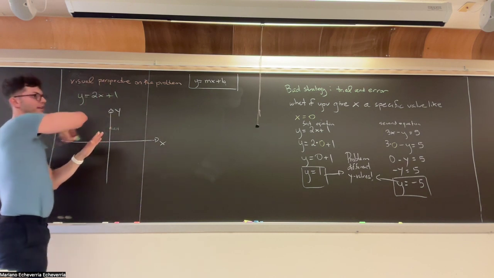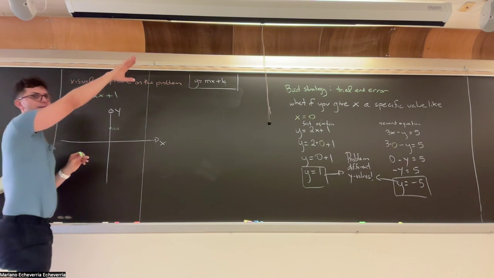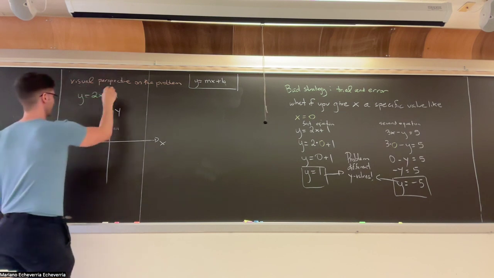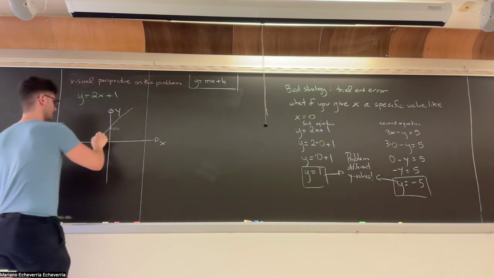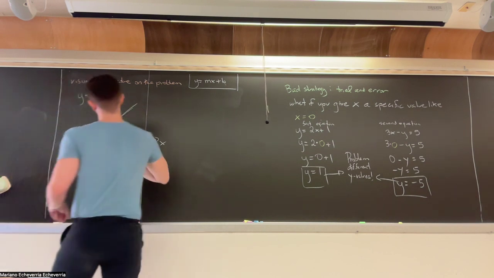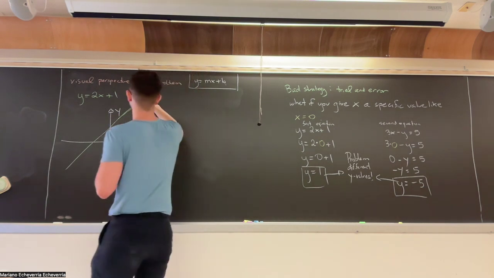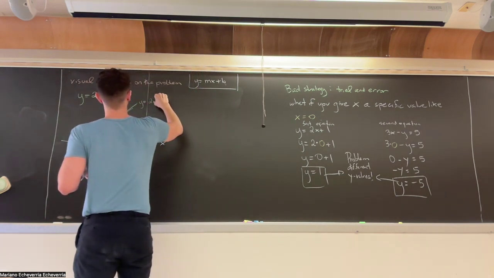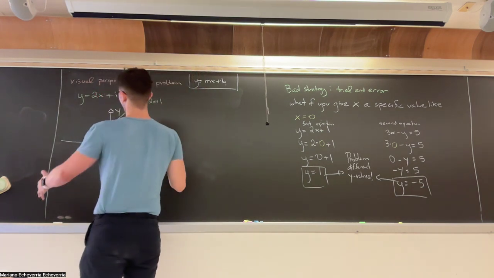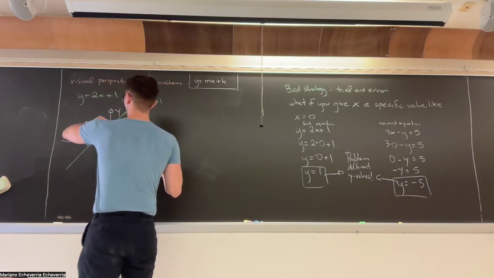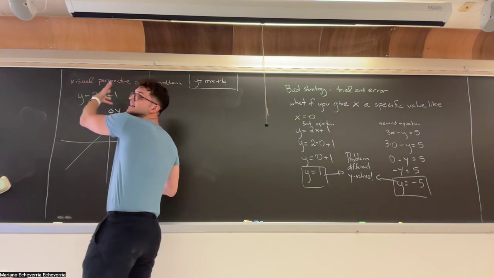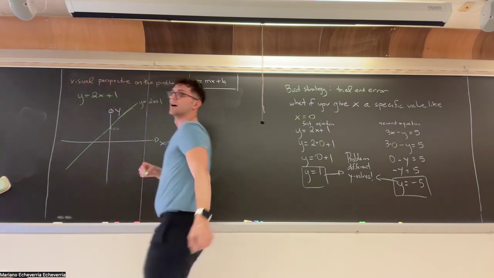If you're walking along the line from left to right, you are increasing your height. That is how a positive slope looks. So you would get something like this. Roughly, that's how this line looks. Again, positive slope means that if you think of this as a road, your height is increasing as you walk along this road.